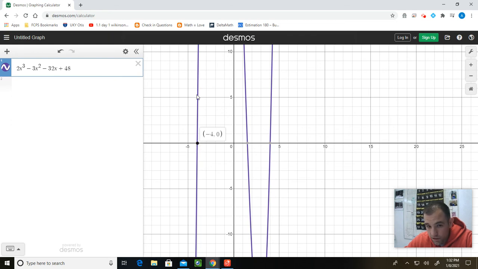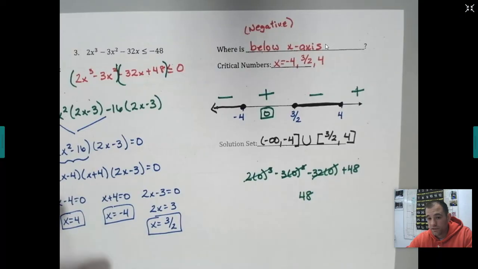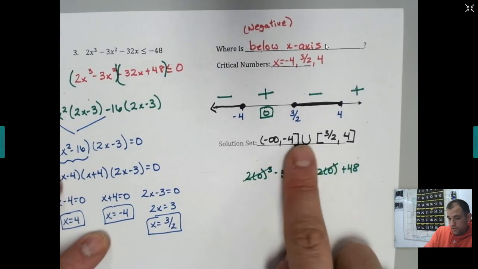Then the graph was above the x-axis, and it stayed above until we got to 1.5. Then at 1.5, it was below, below, below, until we got to 4. Once we got to 4, the graph was then above the x-axis. So that's how we determined that this was our answer.